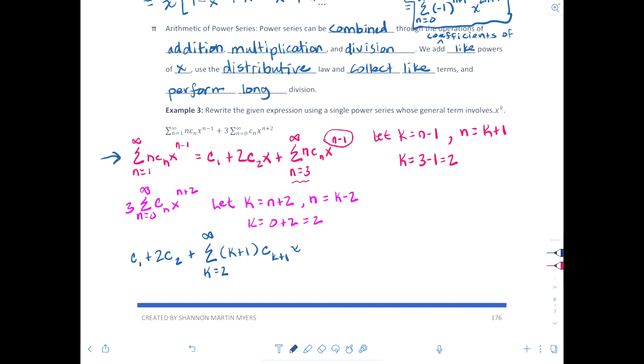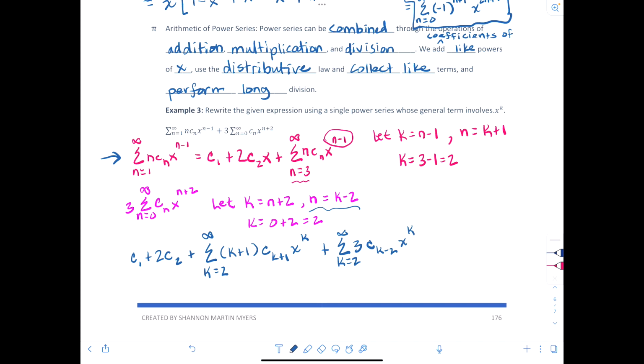And then x would be raised to the k. And now the second summation. I'm going to bring the 3 inside. K starts at 2, goes to infinity. We have 3 times, n in the second one is k minus 2. So we're going to have, and this is not n, it's c sub n. So we would have c sub k minus 2, and then x is raised to the k.